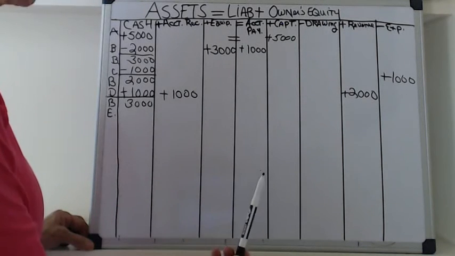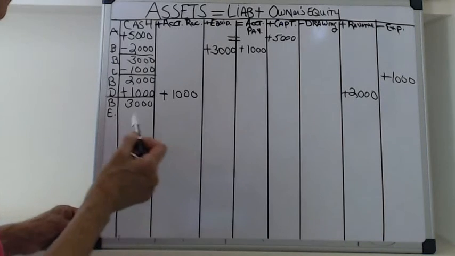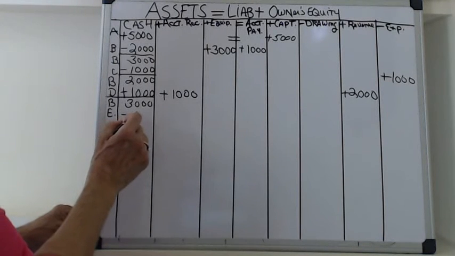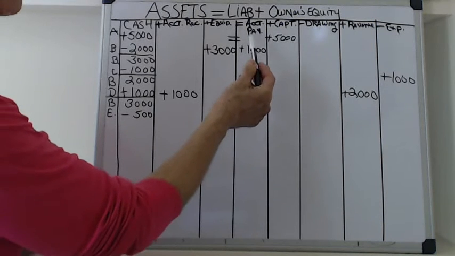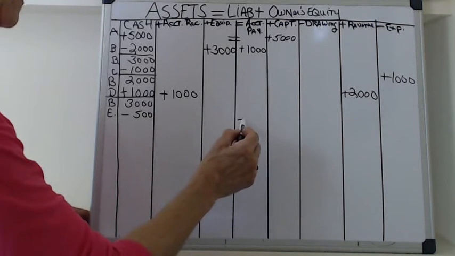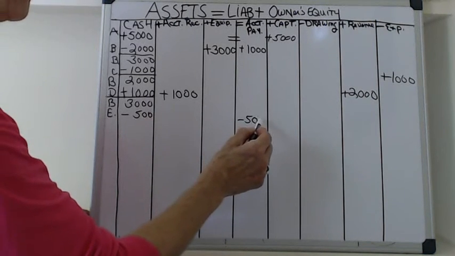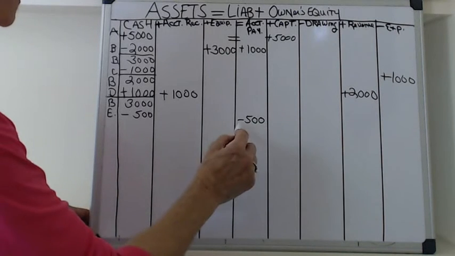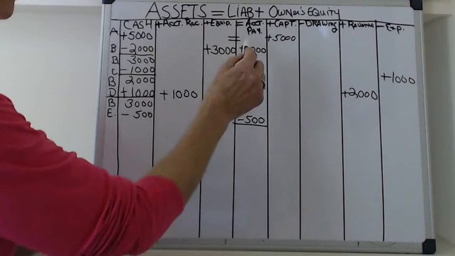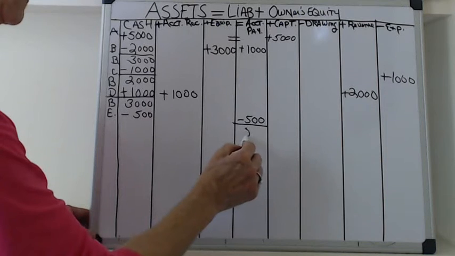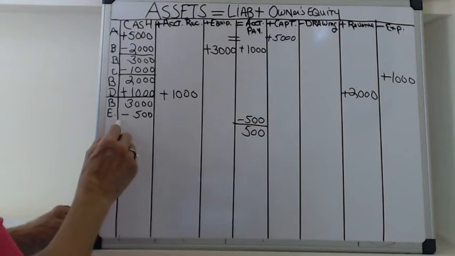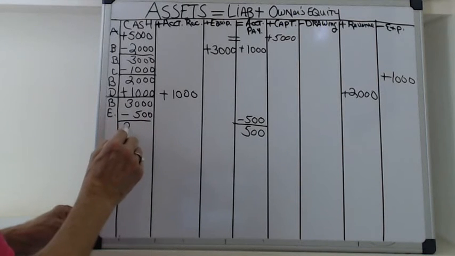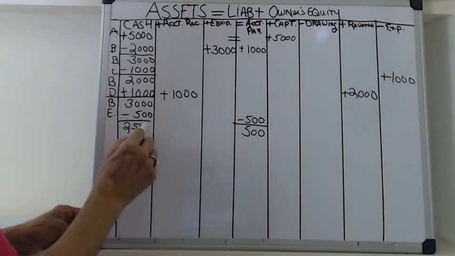Now he's going to pay $500 of that $1,000. So I'm going to go to cash, minus $500 out of cash, and I'm going to go to account payables column and say minus $500. Because now I'm going to subtract $500 from $1,000. He only owes $500. And cash now, I'm going to subtract, he's got $2,500 in cash.